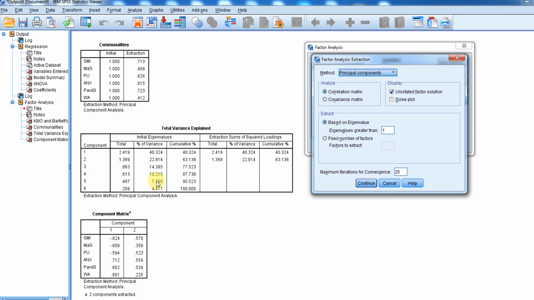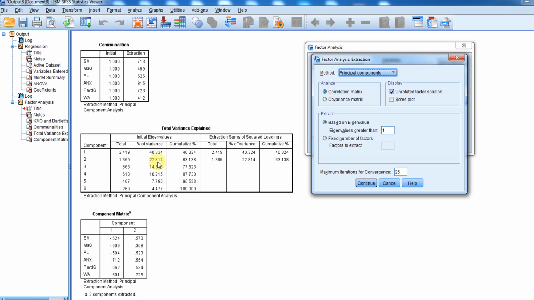You also have a column for cumulative percentage. So for the first component, the cumulative percentage is going to equal the percentage accounted for by the first component, because the first component is going to explain proportionally more variation than the remaining components. The second cumulative percentage reflects the sum of the percentage for component 1 and the percentage accounted for by component 2.